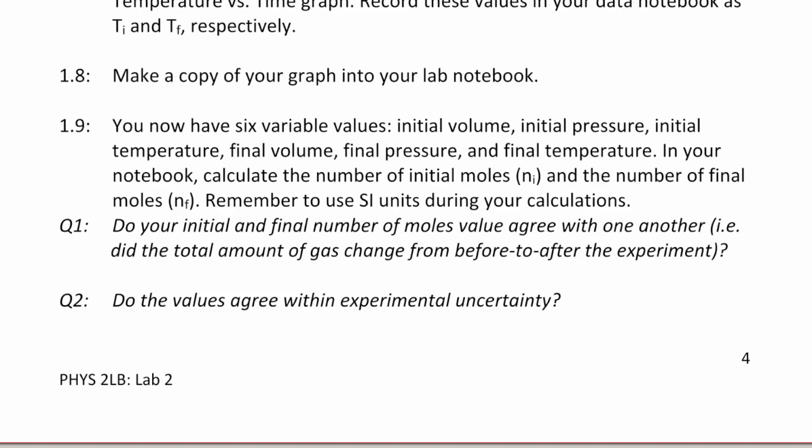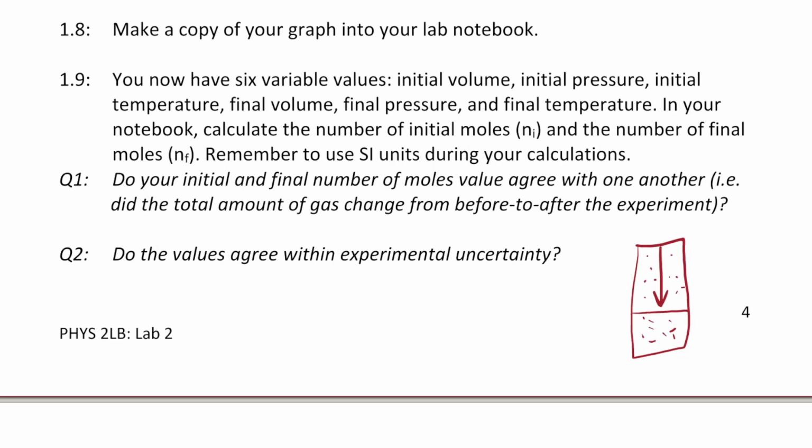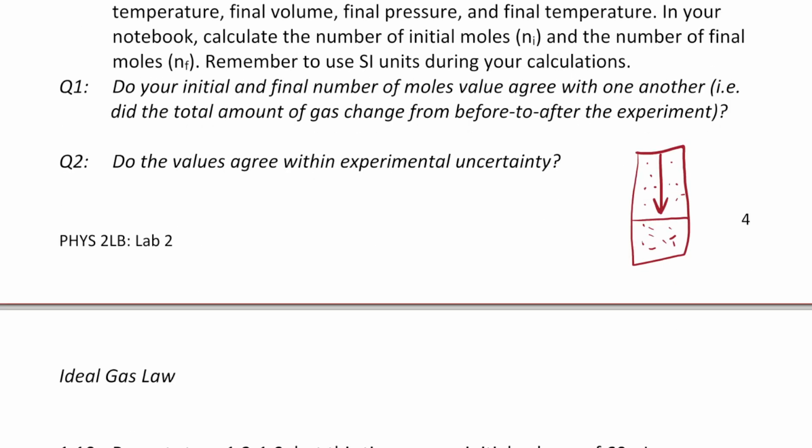Theoretically, they should agree, because even if you have a plunger and push it down to compress the gas particles, which were more spread out before, you're increasing the pressure, but the number of moles should still stay the same.